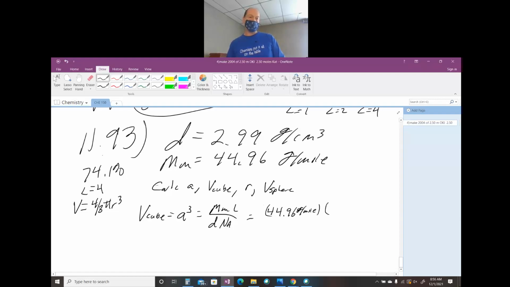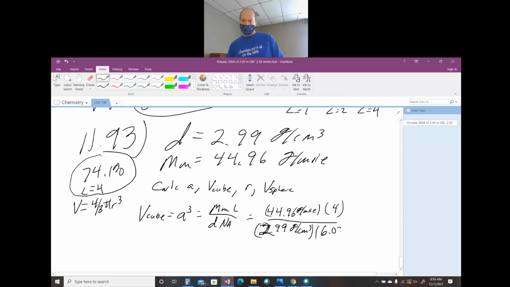L, we have 74%. That is face-centered where you have 4 atoms in the cube. And then you have your density given, 2.99 grams per centimeter cubed. And then you have Avogadro's number, which will be given.